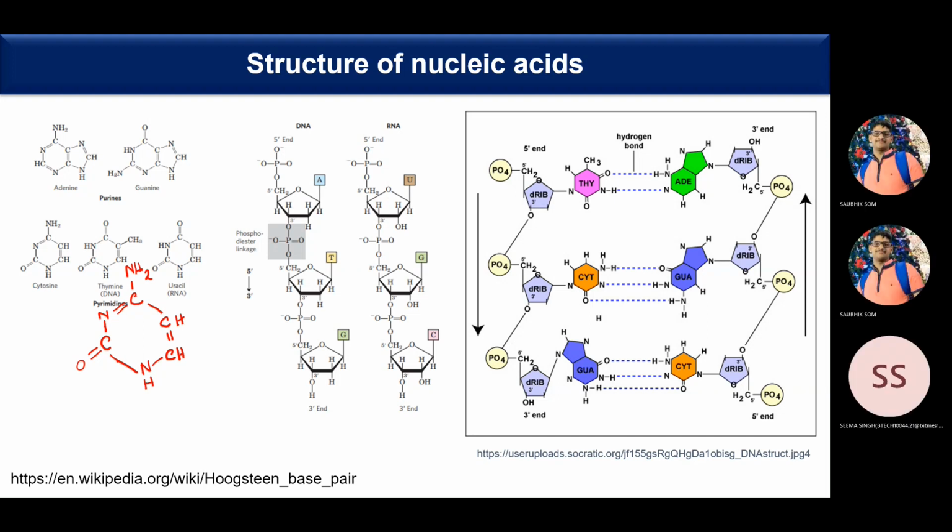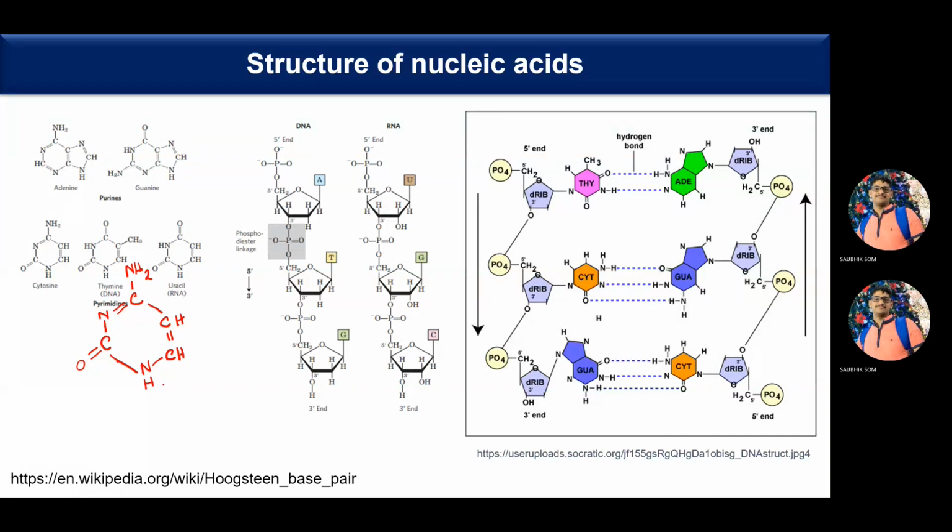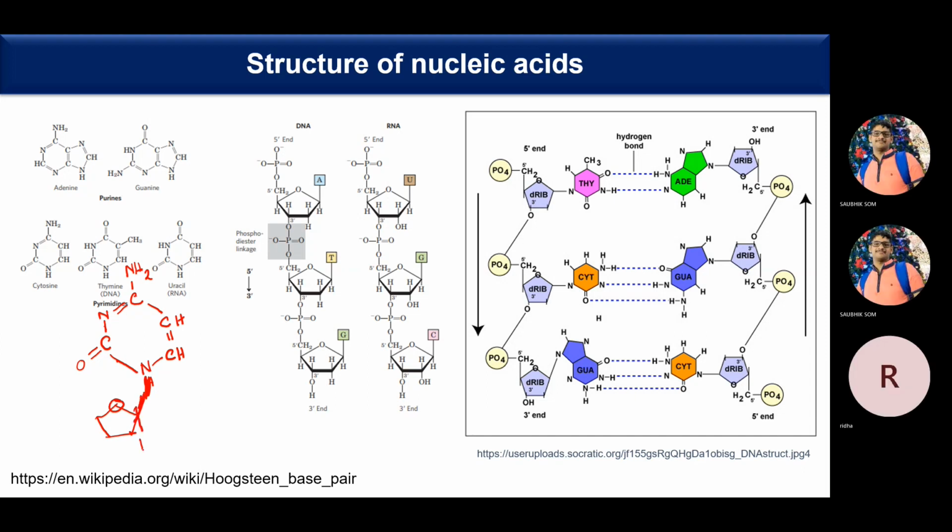Now if I remove this H and put an N-glycosidic bond here with a ribose sugar, a 5-carbon ribose sugar, at this position, this whole thing we will call a nucleoside, correct?